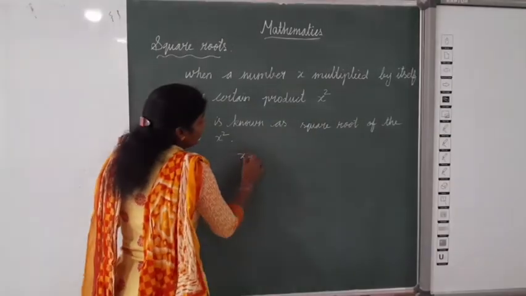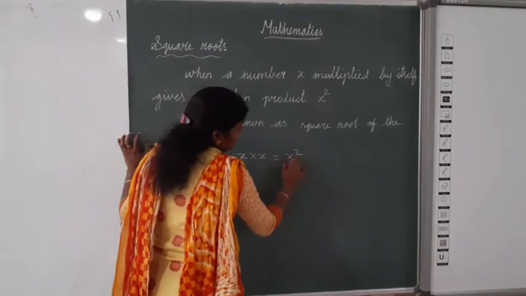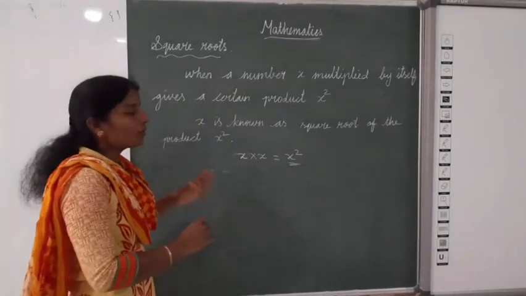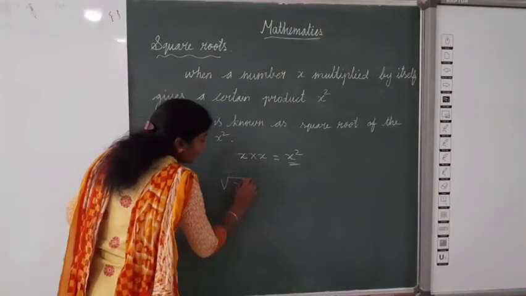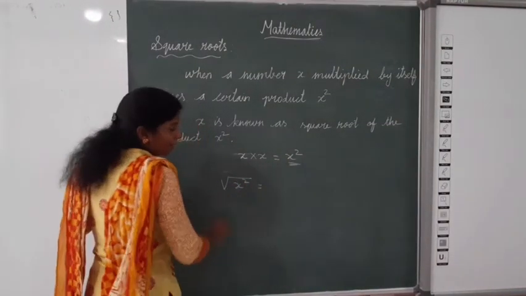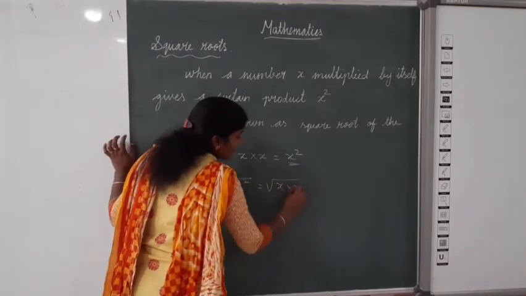X multiplied by itself means x into x equals x square. Now, square root of x square equals square root of x two times, x into x.